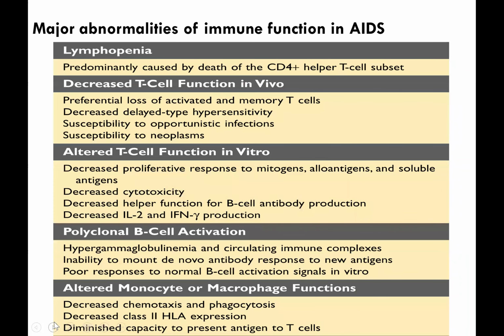And so what are the major abnormalities in the immune function in AIDS? You have lymphopenia, decreased T cell function in vivo, altered T cell function in vitro, polyclonal B cell activation, and altered monocyte or macrophage function.